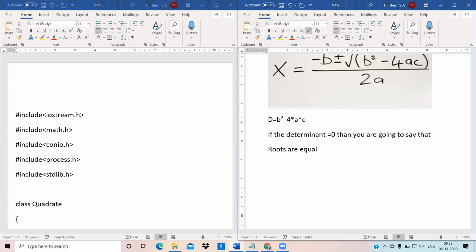So if B square minus 4AC gives you determinant as 0, then you are going to say that the given roots are equal.